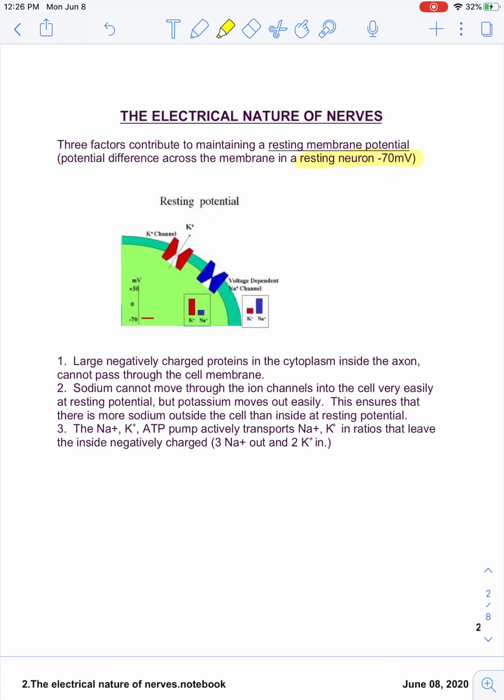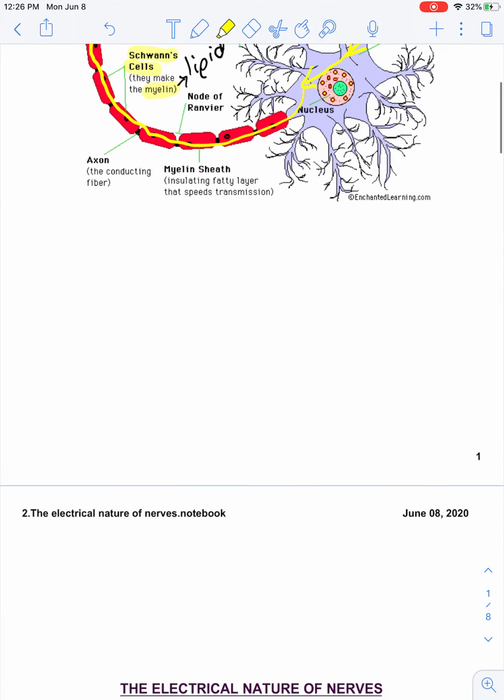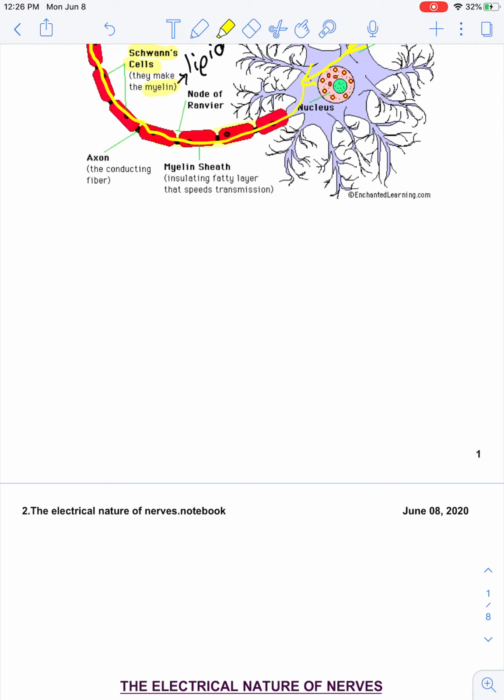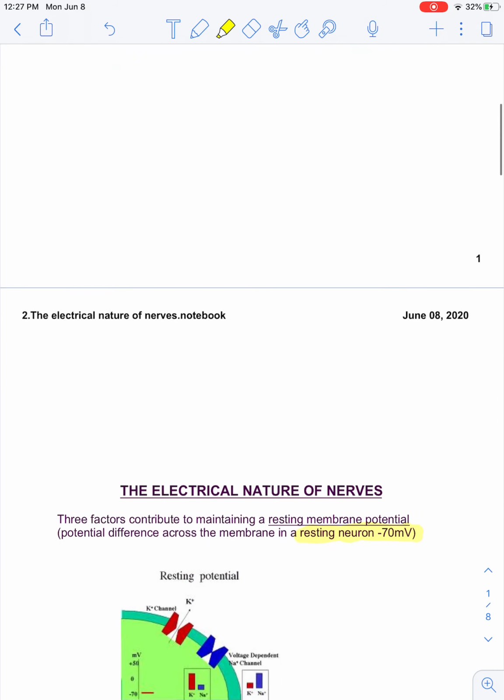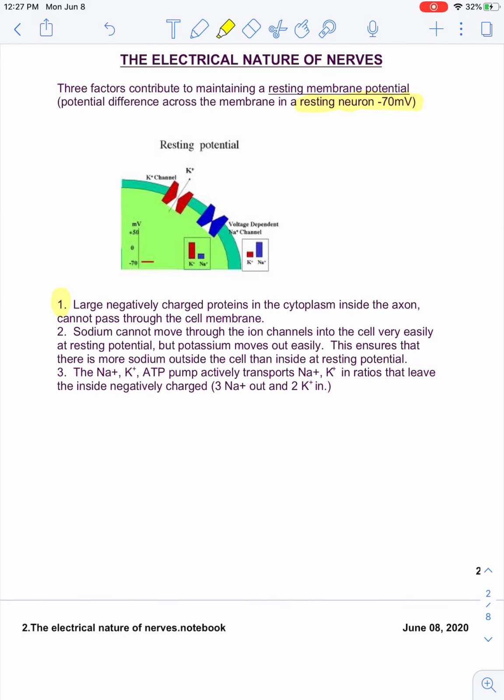First of all, so again, when we go to the next diagram, it might help you understand. But first, there are large negatively charged proteins in the cytoplasm inside the axon. So when we look at the axon here, there are these large proteins that are in there that have a negative charge, and that contributes to that negative 70 millivolts.